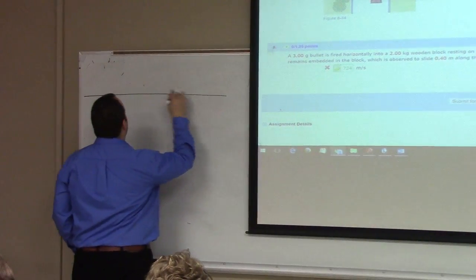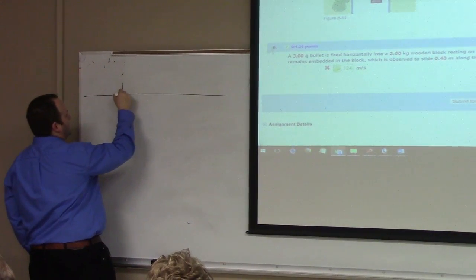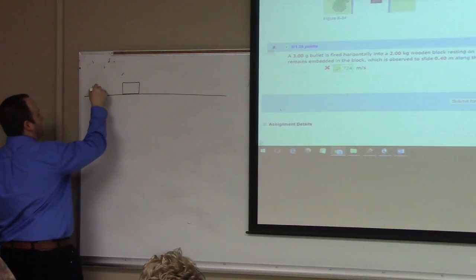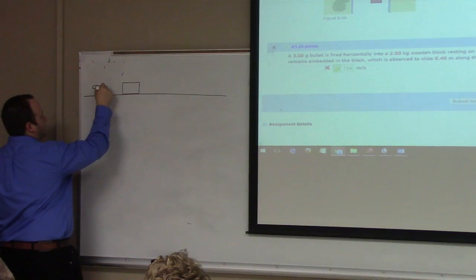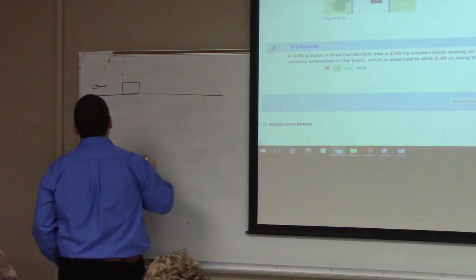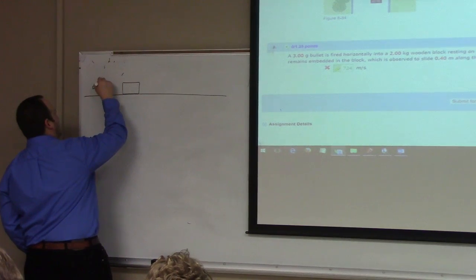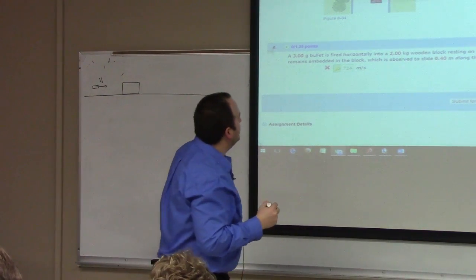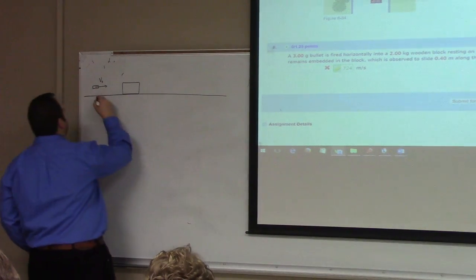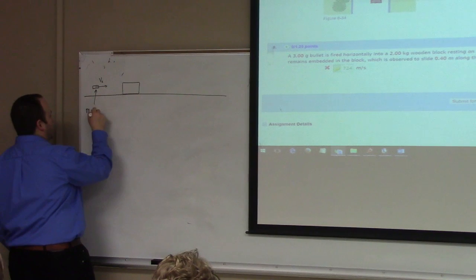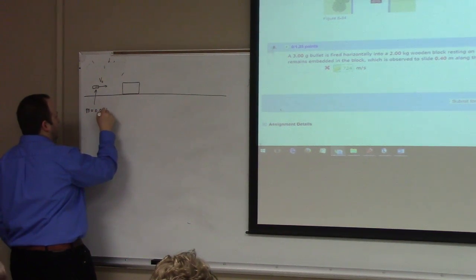Let's see here. So here's the block, and here's the bullet. What is the initial speed of the bullet? That's what you're finding. We don't know. This requires something known as algebra. The mass of the bullet is 3 grams, so 0.003 kilograms.